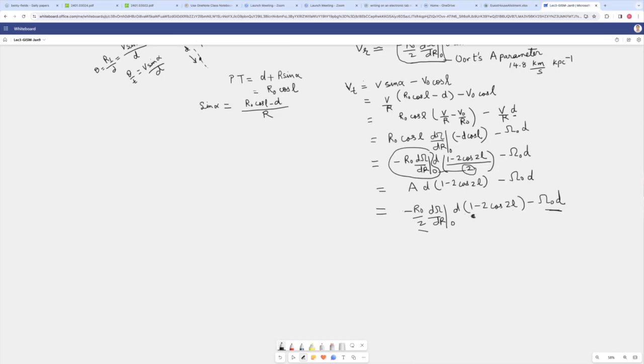That's nothing but minus r0 by 2 d omega/dr minus omega naught times distance d. So cos squared theta is equal to (1 minus cos 2 theta) by 2. Is that not right?